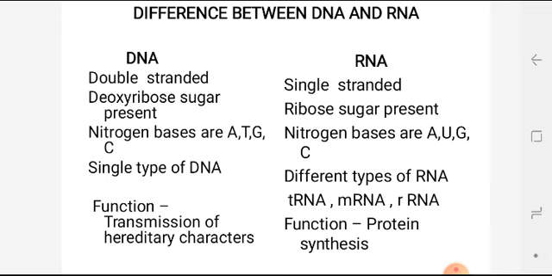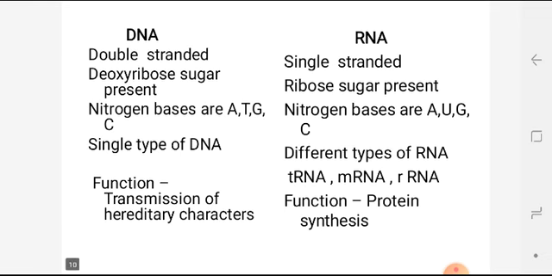In DNA, the nitrogen bases are adenine, thymine, guanine and cytosine. In RNA, adenine, uracil, guanine and cytosine are present. In DNA, thymine is present, but in RNA, instead of thymine, uracil is present.